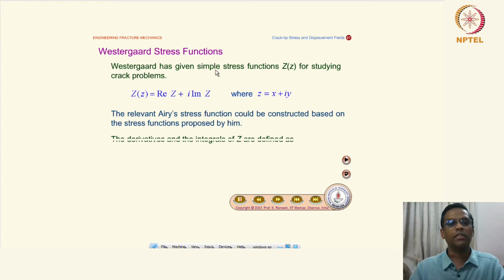Westergaard has given a simple stress function, capital Z as a function of small z, for studying crack problems, where capital Z of z is equal to real part of Z plus i times imaginary part of Z, where small z is equal to x plus iy. This is how it is defined. So you should not get confused between the small z and the capital Z, which is a stress function itself.